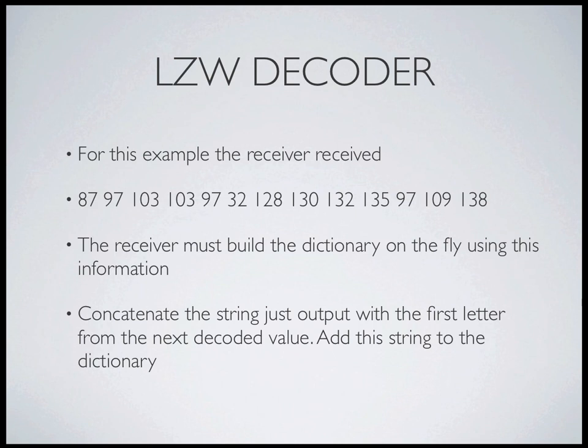At the receiving end, you take the string that was just output with the first letter from the next decoded value, you put the two of those together and you add them to the table. So that's how the receiver makes sure that it always has a copy of the current table.